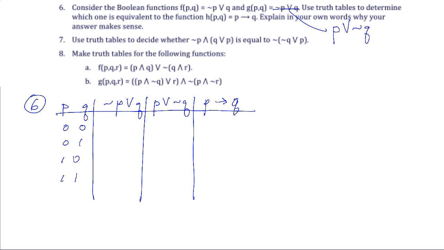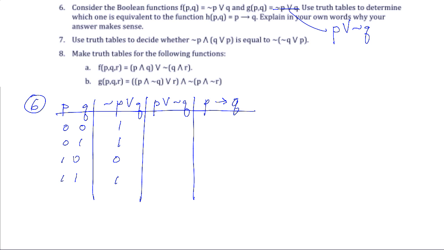Okay. Not P or Q: all we need is one of them to be true, and whenever Q is true, certainly it's true. It's also true whenever not P is true, which is when P is a 0. But here we have a 0 because not P is false and Q is false, so they're both false, and so the OR is false.